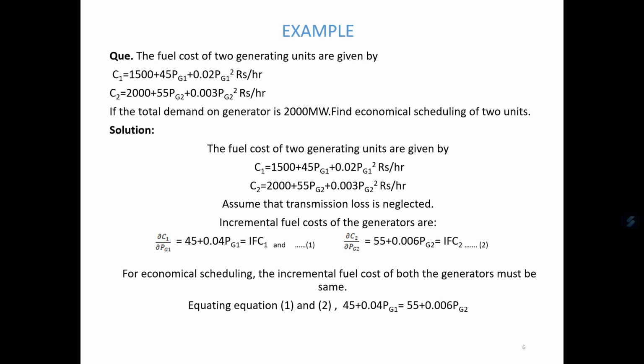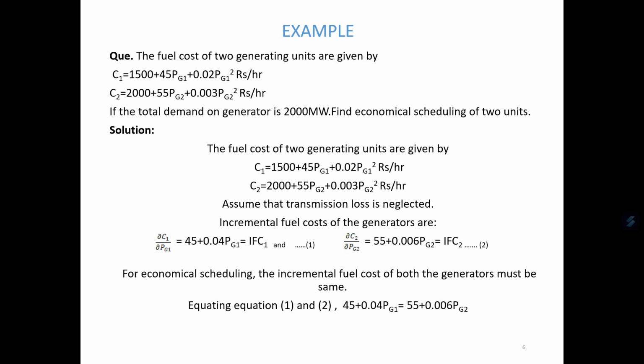So till now we have the condition that there is economical load dispatch neglecting the losses if and only if the incremental fuel cost of all the generators is the same, and incremental fuel cost is nothing but the derivative of the fuel cost equation with respect to the power generated by the generator for which we have written the fuel cost equation.